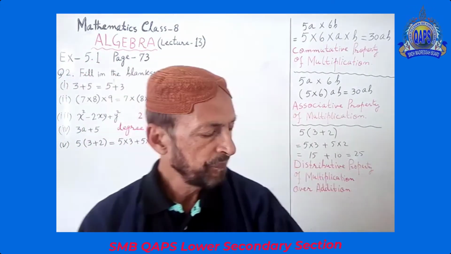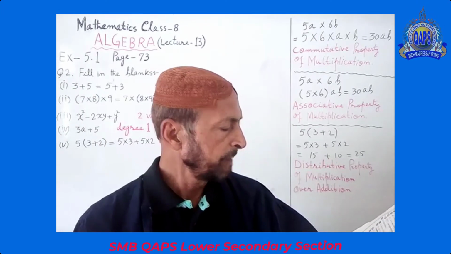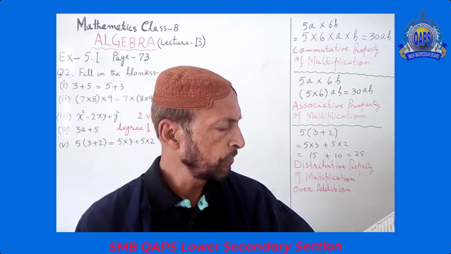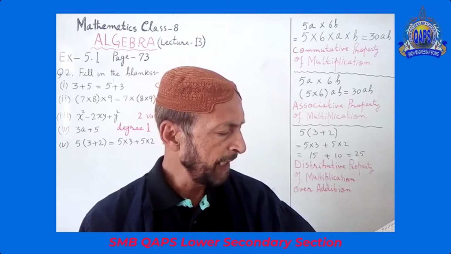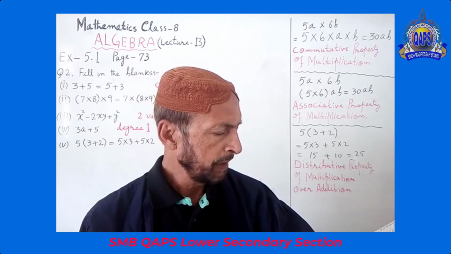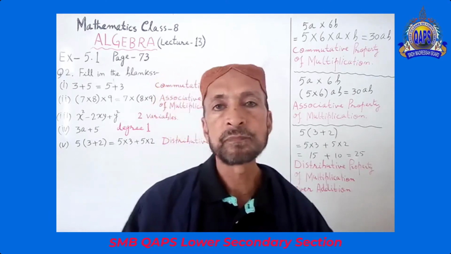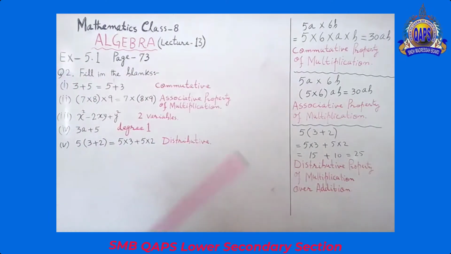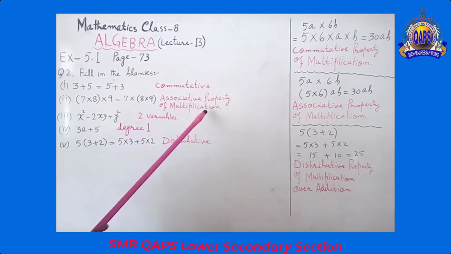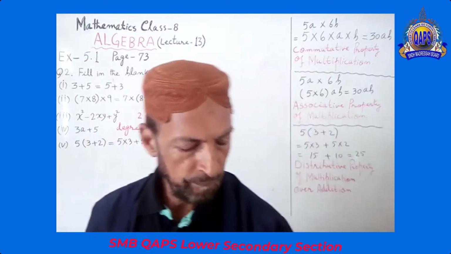Number 2, 7 multiplied by (8 multiplied by 9) is equal to (7 multiplied by 8) multiplied by 9. The property used is called associative property of multiplication. One correction in your book.